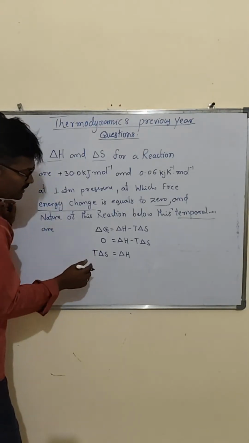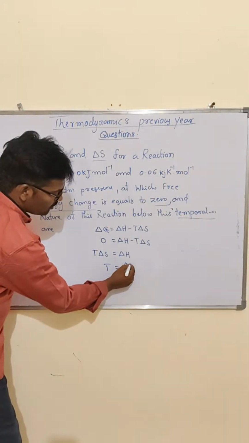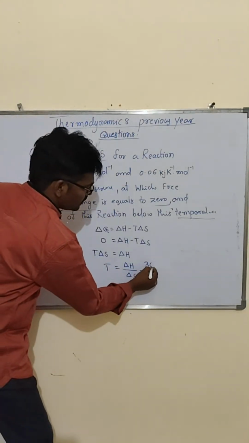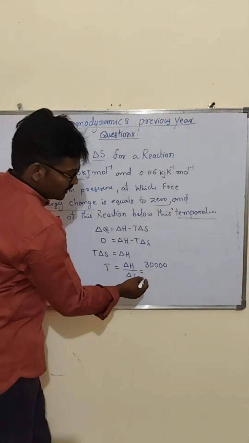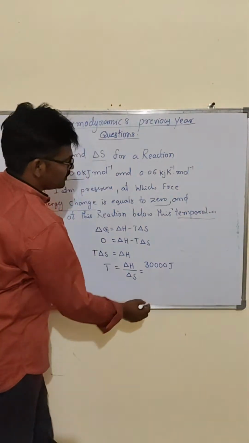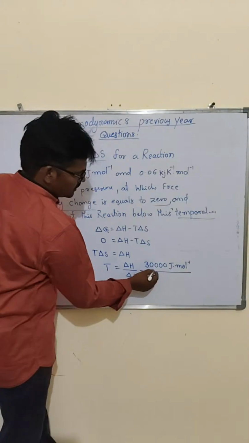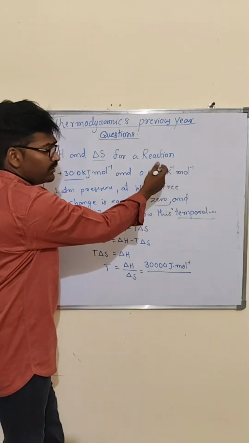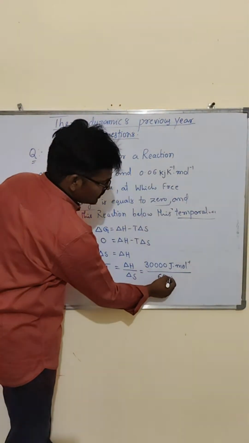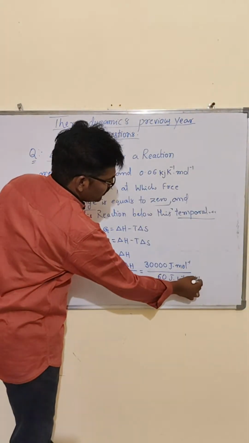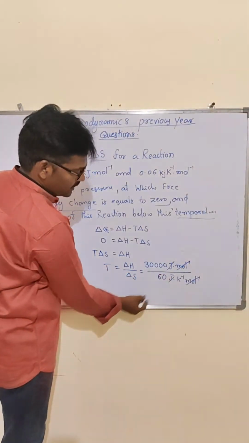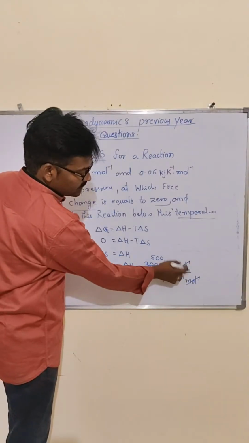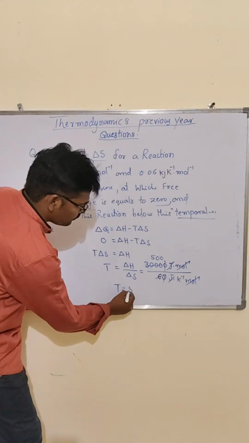They're asking the nature of the reaction below that temperature. So temperature equals delta H divided by delta S. Delta H is 30 kilojoules, which is 30,000 joules per mole. Delta S is 0.06 kilojoules per Kelvin per mole, which is 60 joules per Kelvin per mole. The units cancel, and we get 500 Kelvin.